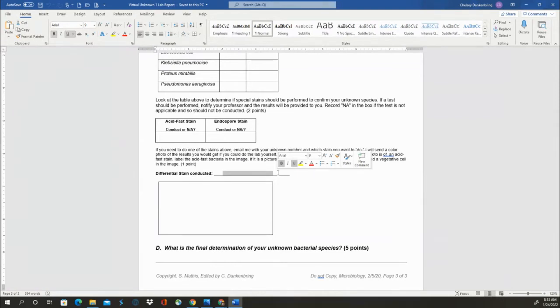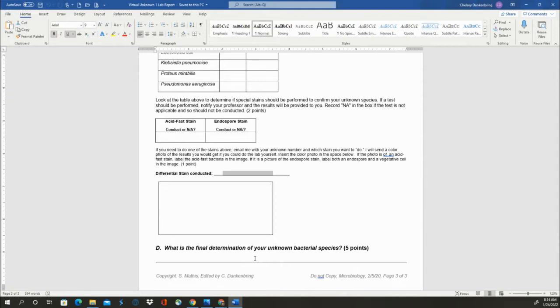And I will then send you a picture of the results, okay? You'll put it in this box, and then you will tell me what your organism is. You will write it out completely and properly according to the binomial nomenclature rules that we've discussed, okay?